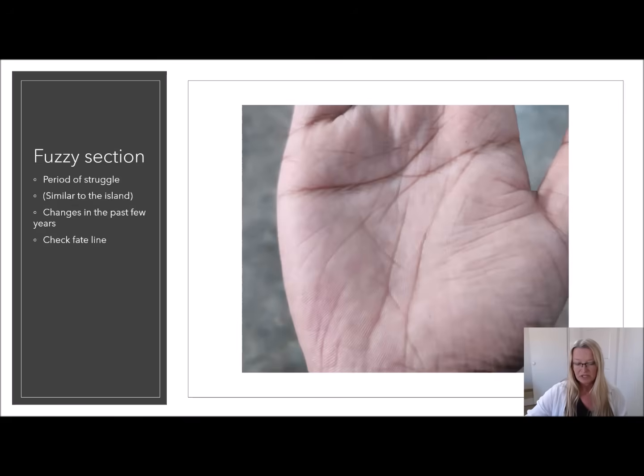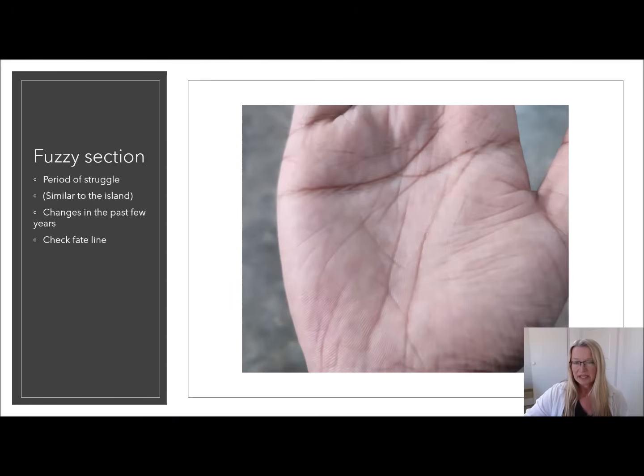Usually it takes a couple of years for this line to become properly fuzzy, faded looking, but it's an indicator that something has happened in the course of this person's life to make their life difficult for that period.